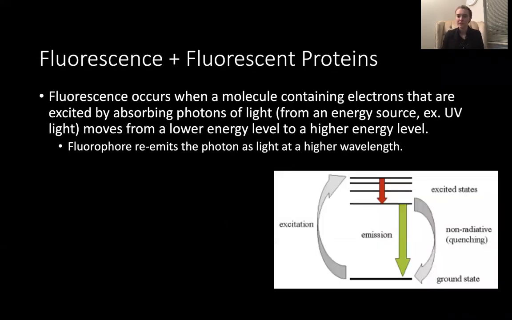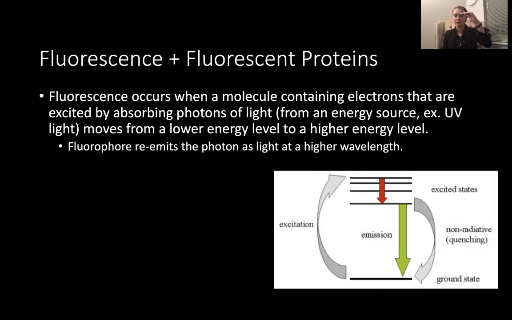So before we jump into what my project is about, we have to understand a few concepts first. The first is, what is fluorescence? Fluorescence occurs when a molecule that contains electrons is excited by a beam of light from an energy source, and this light moves the electrons from a lower energy level called the ground state to a higher energy level called the excited state.